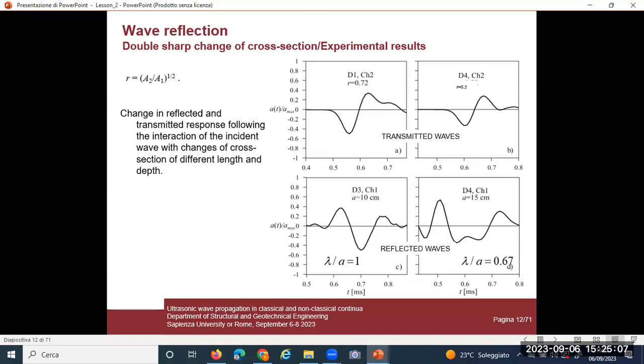The idea is that to observe something, you've got to use a wave which has a wavelength which is the same size as the characteristic size of the defect. Otherwise, superposition, you won't see anything. And this is true for whatever phenomenon, even for light. If you want to see things that are really, really small, you've got to use very small wavelengths.